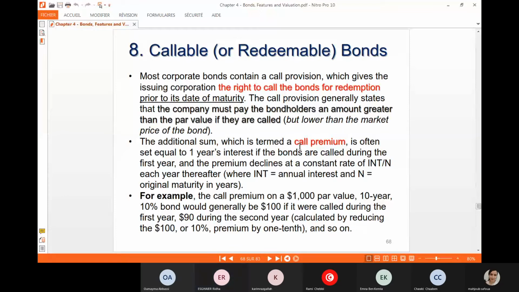For sure you will get the interest, but if the interest rates in the market fall, we can call these bonds, buy back these bonds from you, for example, starting from year 3. Okay?